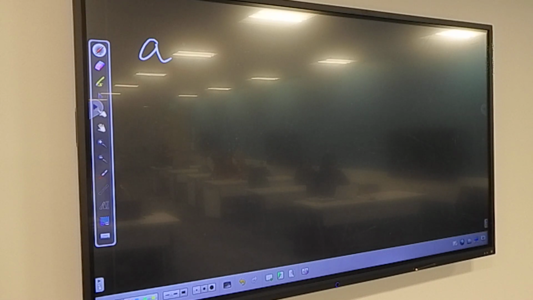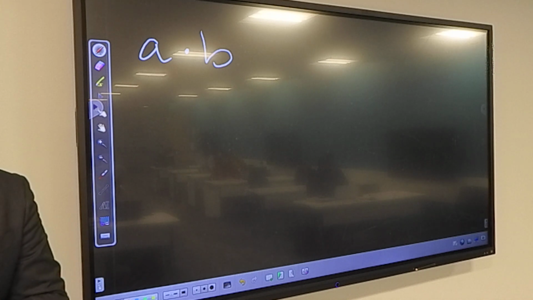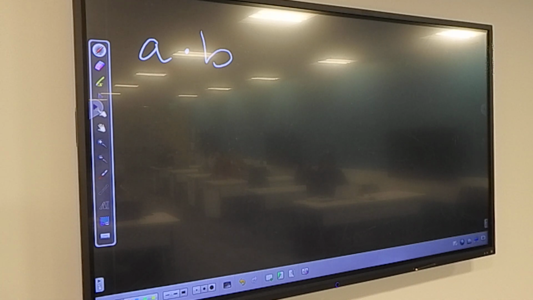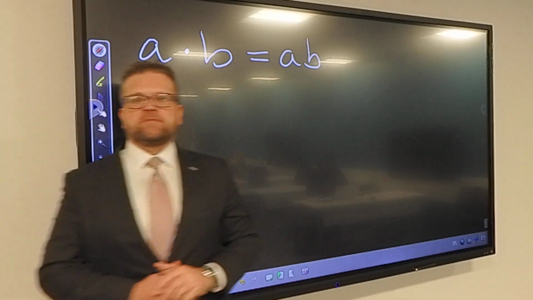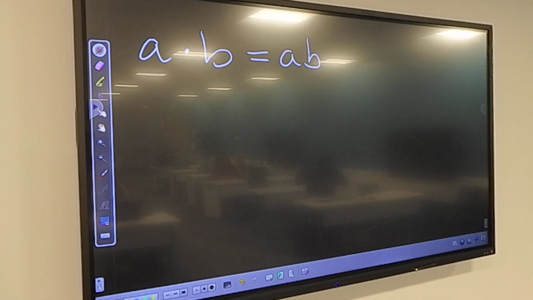Multiplication is the other operation in algebra. Let's not use an x for multiplication anymore. Use a dot, or use nothing at all. Juxtaposition, they would call it. The two symbols are next to each other. That means multiplication. And multiplication takes precedence over addition.